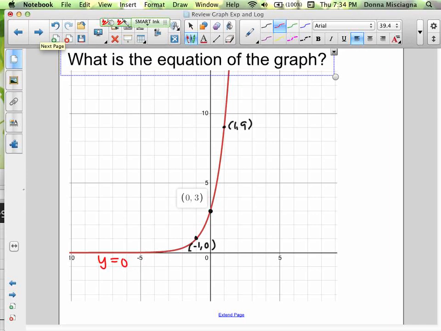So this graph is not vertically shifted, and we know that because the horizontal asymptote is y equals 0. The asymptote shifts up just like that point shifts up. But notice we have a point -1, 0.